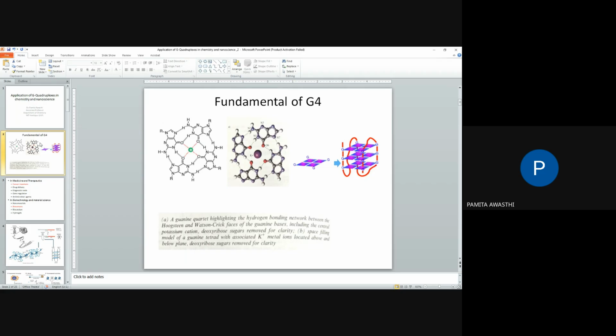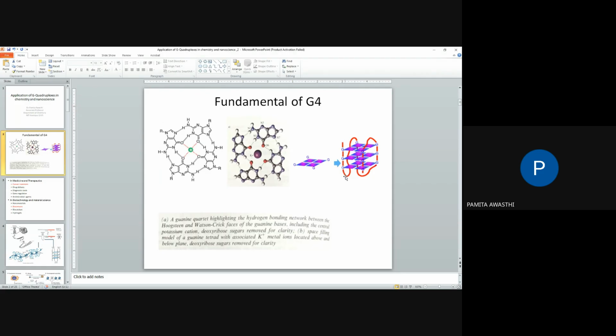One of the forms of DNA is the quadruplex structure, where four guanine bases arrange themselves in one plane with Watson-Crick and Hoogsteen hydrogen bonding, and in totality you have 8 hydrogen bonds among these four guanine nucleotides, or you can say nucleic acid bases. And this is a representation of how they are arranged.